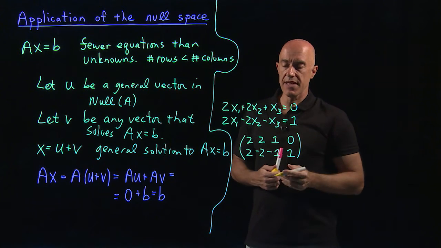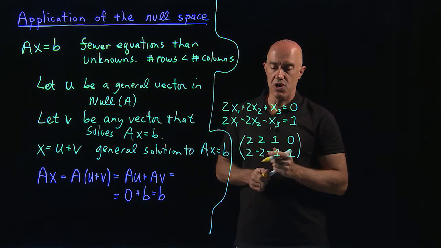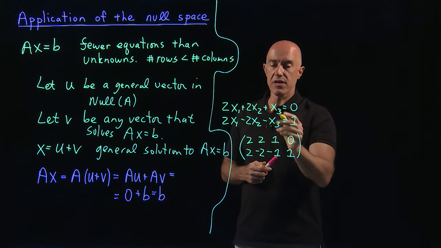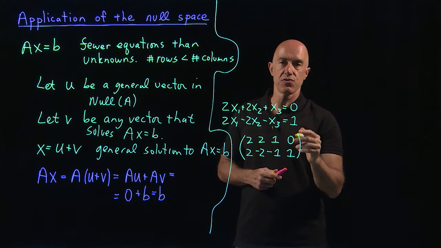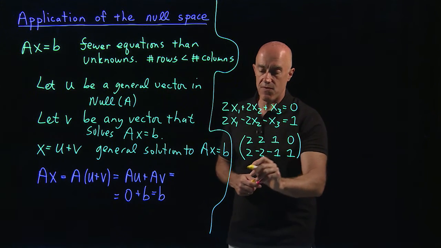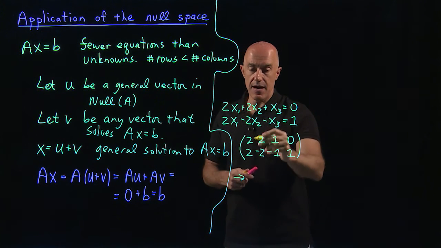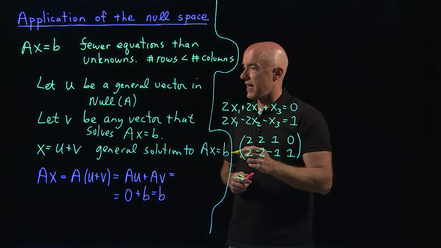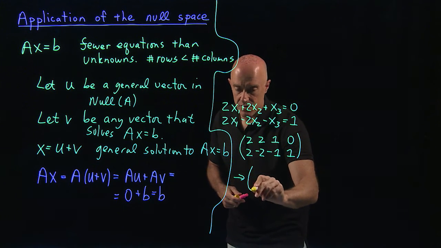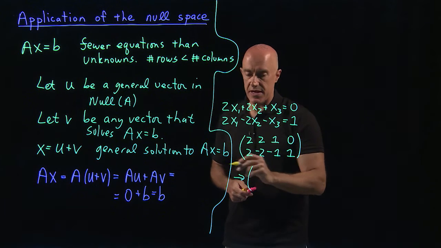Now we can do Gaussian elimination on this augmented matrix. We're going to want to find the null space, so we should bring this matrix to reduced row echelon form. You can do the arithmetic required to do that. I did that already, so let me just write down the answer.